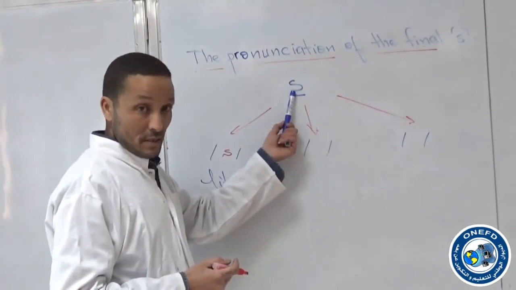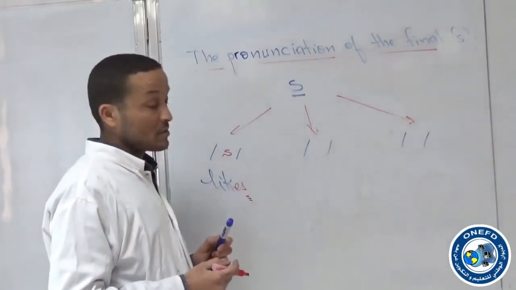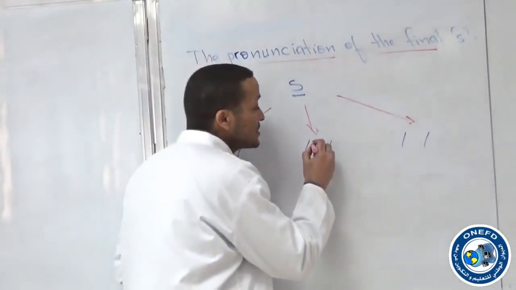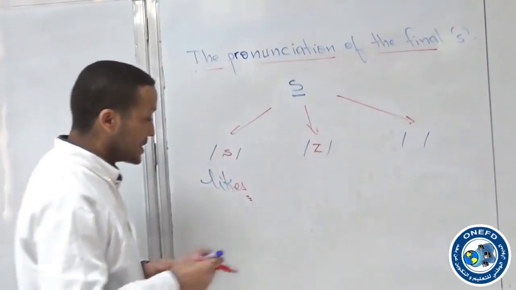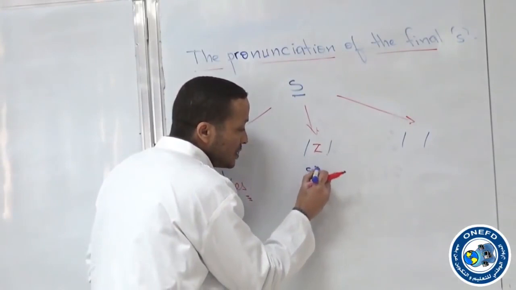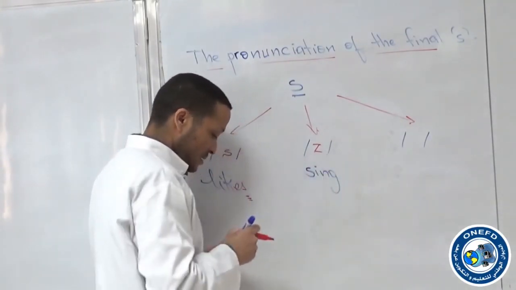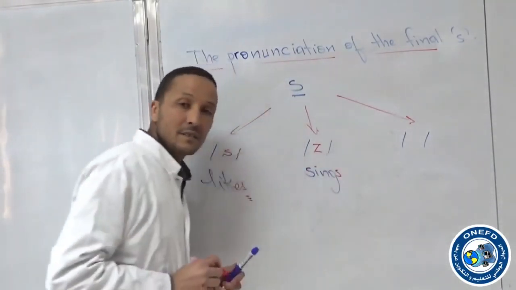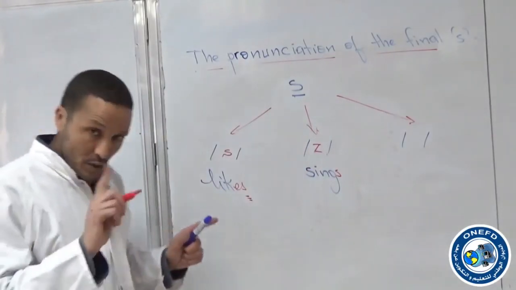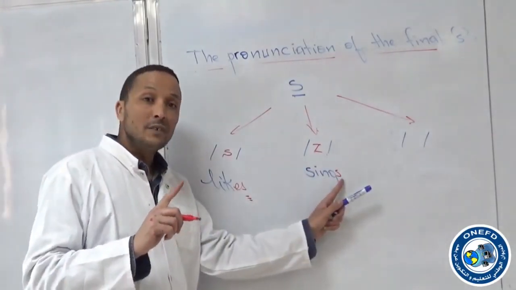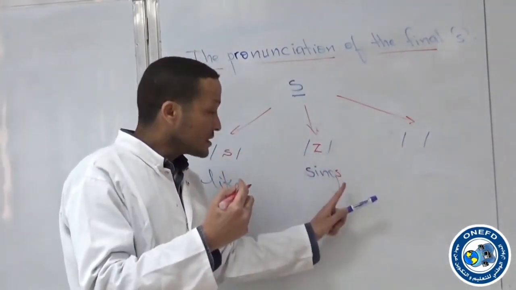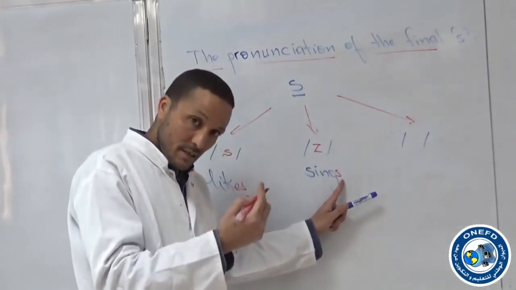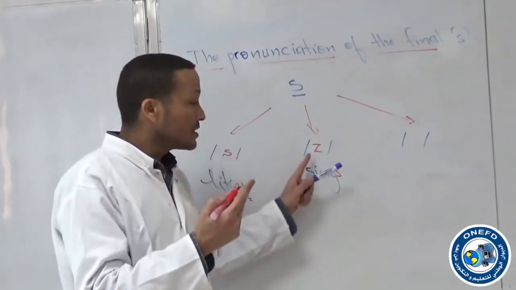The letter S can also be pronounced as Z. For example, the verb sings. You do not say sings with an S, it's not correct. You say sings with a Z. So it's written as the letter S and it is pronounced as the sound Z.